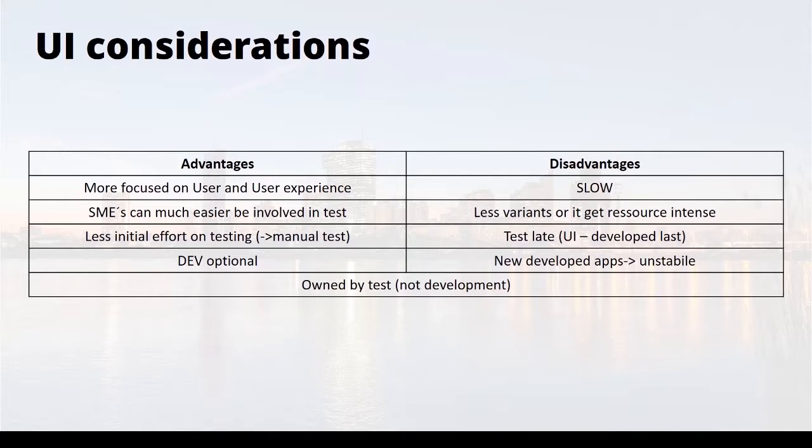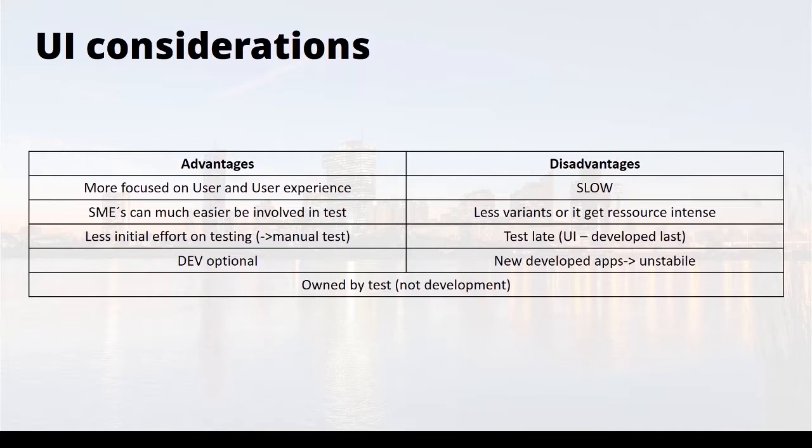Some disadvantages might be that UI testing, compared to API testing, is quite slow, and you can go for less variance or it gets more resource intense. Also, you're testing quite late since the UI is developed last.